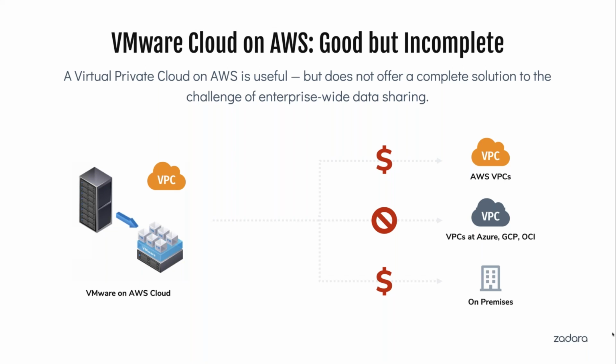For example, if you're trying to connect your on-premise to your VMware Cloud on AWS, you actually have to build out direct connects, and often there's no really good solution if you need to extend that into other cloud providers. So if you want to go to Azure or Google or even Oracle Cloud, it's not really available. And if you want to connect your AWS VPCs, there's also an extension of that where it will cost you through transit gateways.